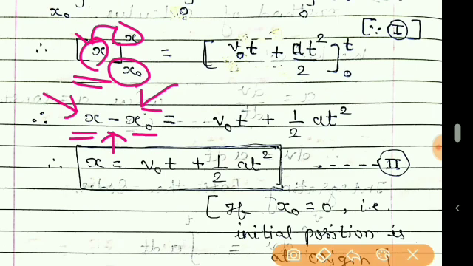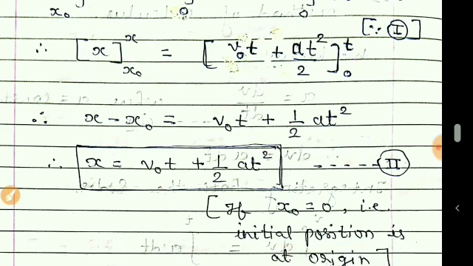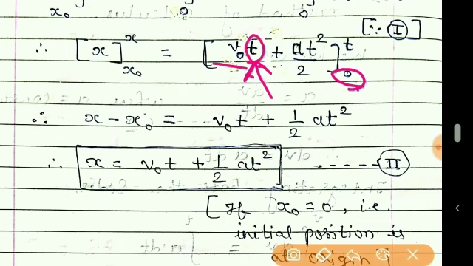Similarly, in place of t we will put t, so it is here also t and it is here also, so it is t only. So we'll put that only, v naught t plus half a t square, that is the upper limit, minus lower limit. So in place of t, if we put the lower limit, that is 0, then 0 into anything will be 0.